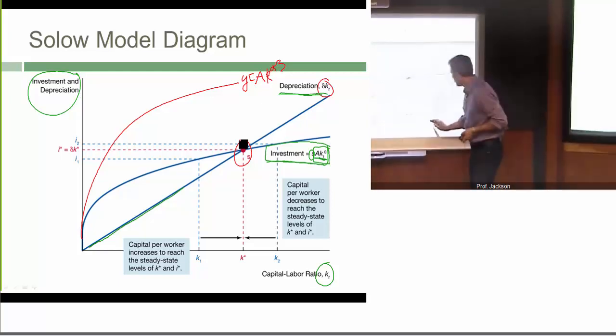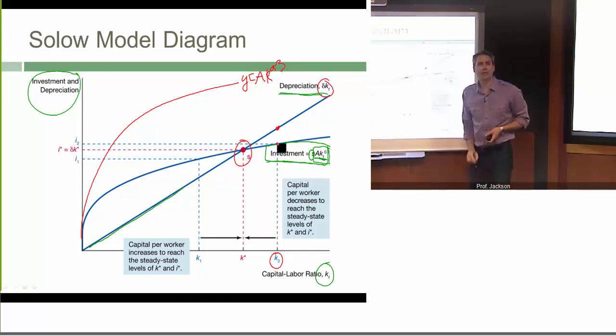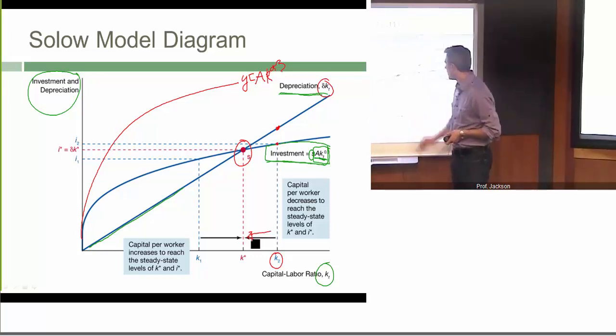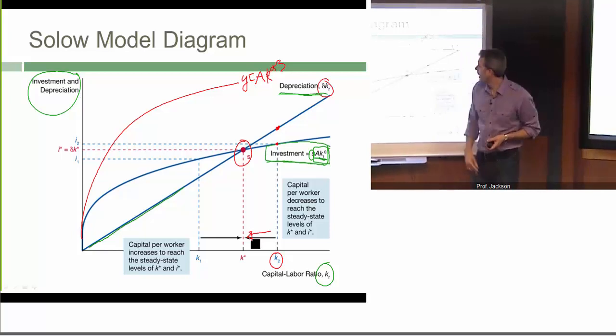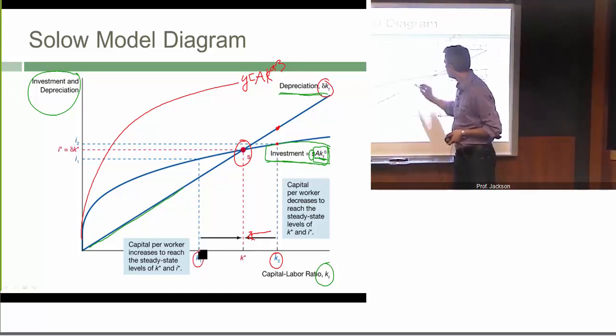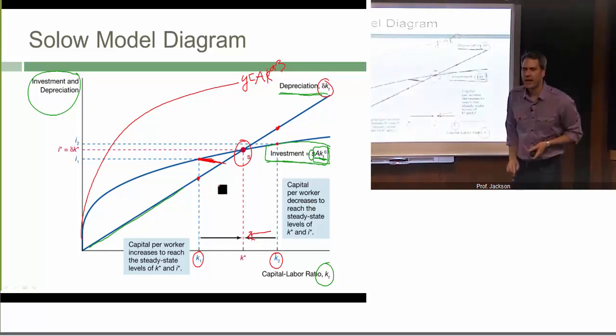As it turns out, if the amount of capital is greater than the steady state level of capital, we're going to be depreciating more capital than what we're putting into new capital. So overall, the capital stock is going to fall until we hit the steady state. Likewise, if we're at a level of capital like K1, the amount of investment we have is going to be greater than the amount of depreciation we have.